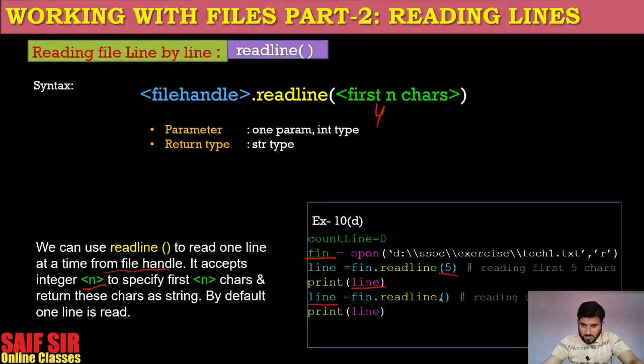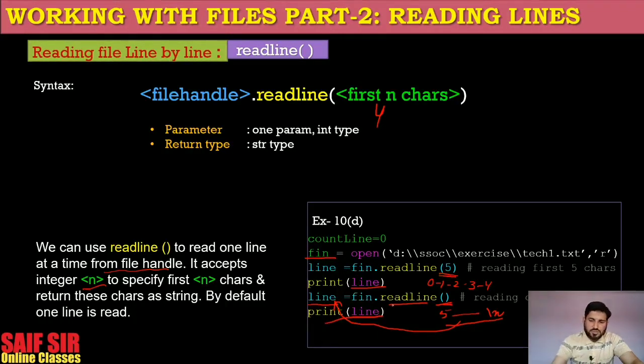Notice that index number 5, yes, because first 5 means 0, 1, 2, 3, 4 characters returned. And then the next time readline runs, from index number 5 up to \n of that line will be returned inside line and printed. We're going to check this in the next slide.